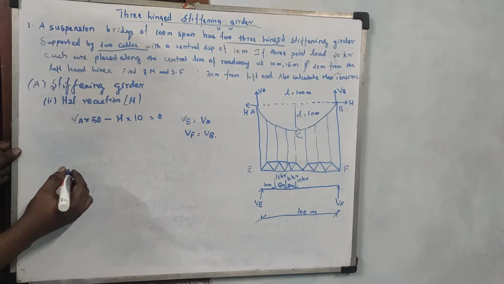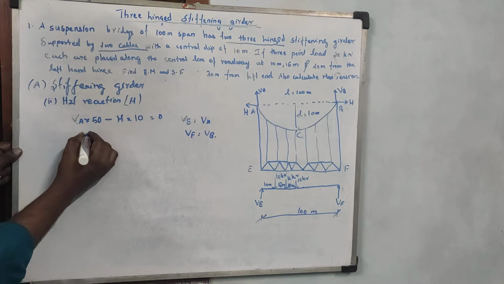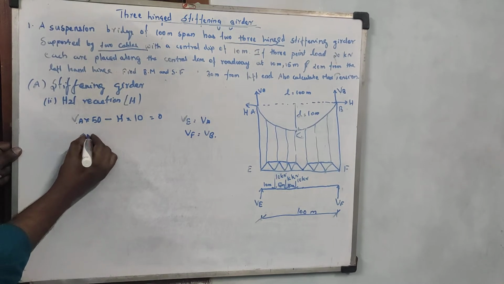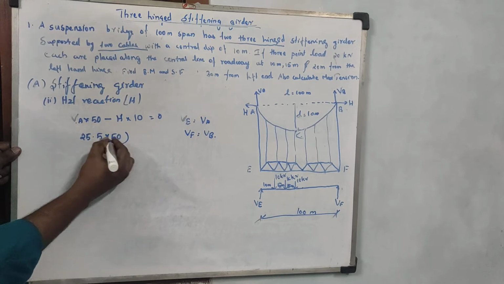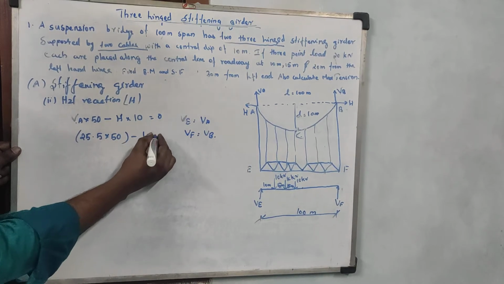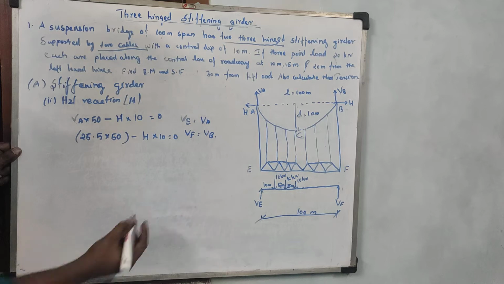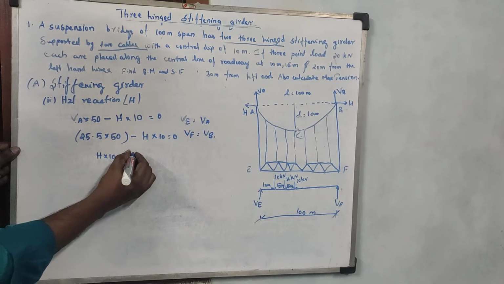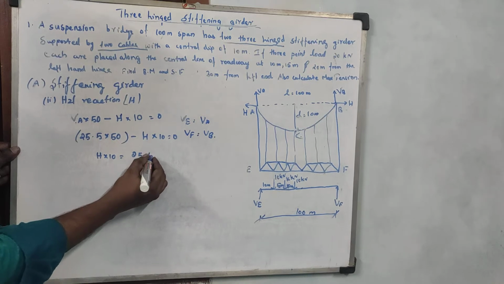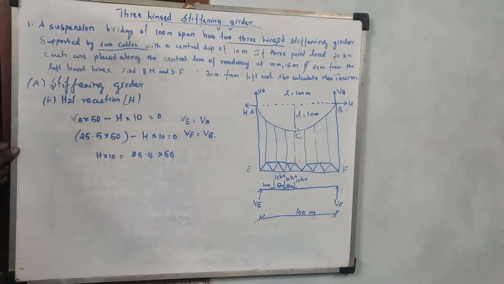So we know that VA equal to 25.5. 25.5 into 50 minus H into 10 equal to 0. H into 10 equal to 25.5 into 50.